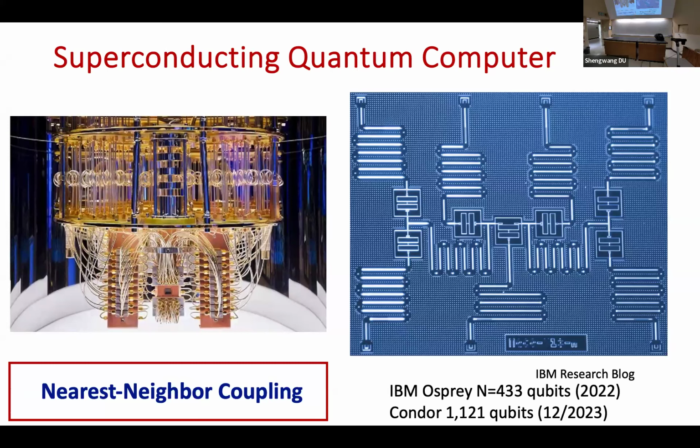You have to go through very many intermediate steps to eventually get two qubits to talk. So it's not fully connected. That is the reason why, even with more than 1,000 qubits, it's still not practically useful to make revenue.